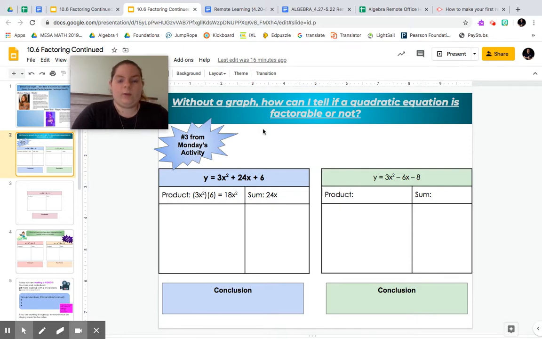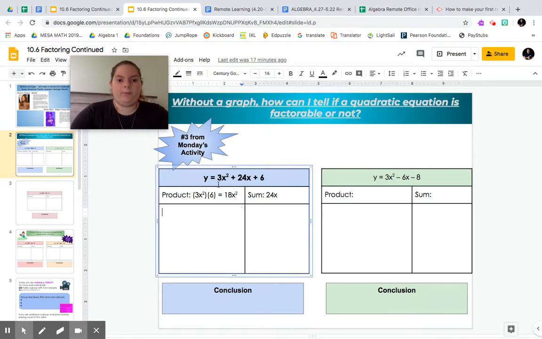So today we are going to work on the product sum tables to see if we actually have that magic combination to continue factoring. If we don't have this magic combination, well, we're going to have to figure that out. So first things first, blue table number 1.